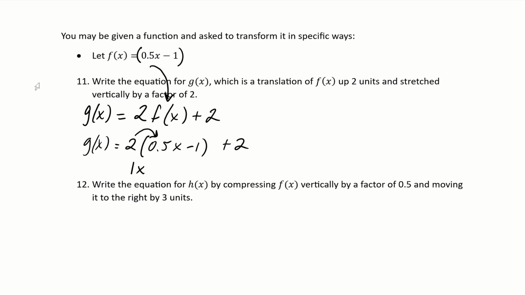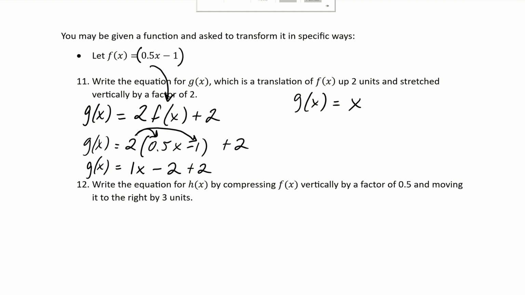And it's x, so I don't even need that 1 there, but we can leave it. 2 times negative 1 is negative 2. So x minus 2 plus 2. I can combine like terms. So negative 2 plus 2 is 0. So g of x ends up just being x.